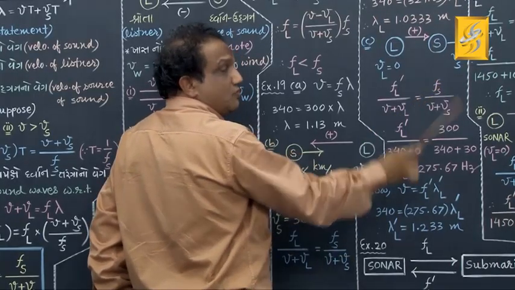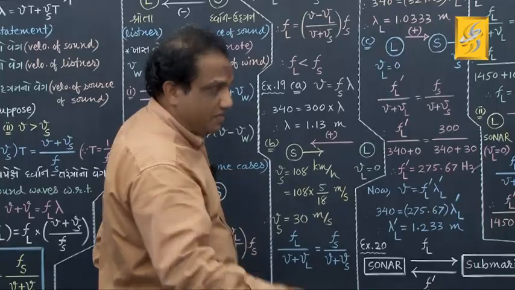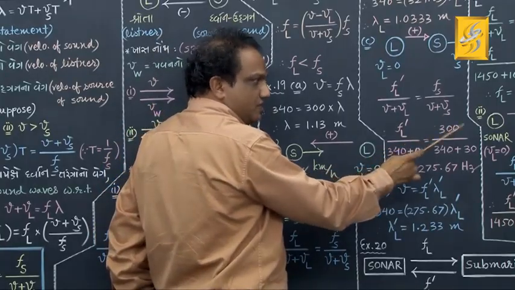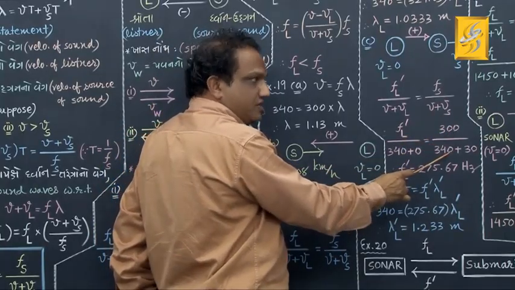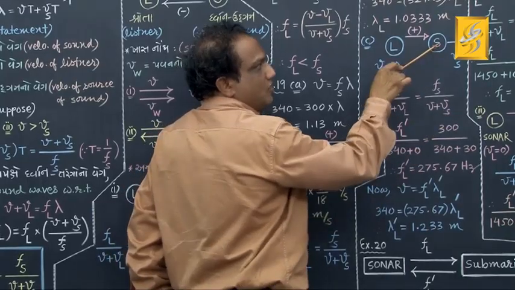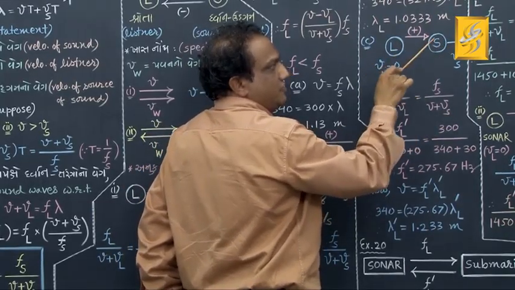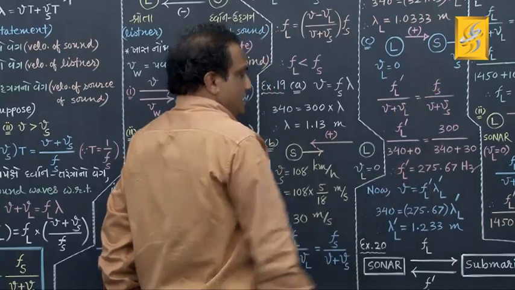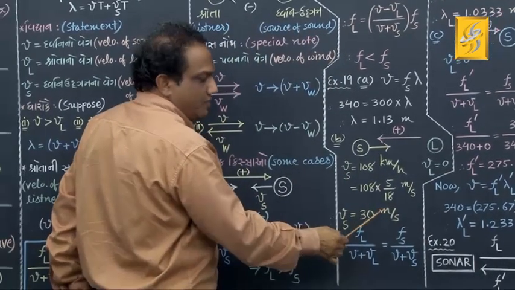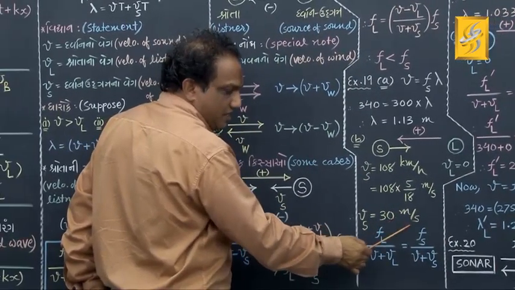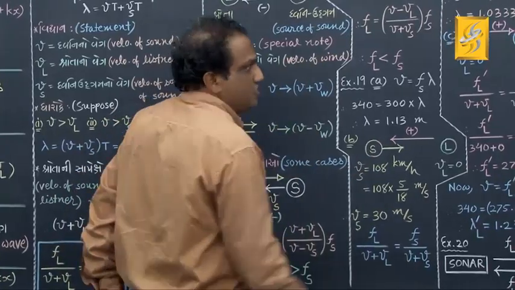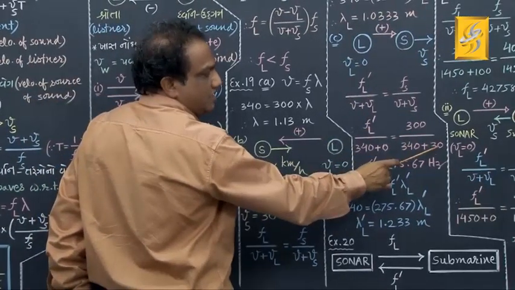This is the frequency of sound generated from the source, given in the statement as 300 hertz. Now Vs, because it is in the same direction as the sign convention, we should take it positive. Earlier the Vs value had come out to be 30 meter per second. We should now take it as plus 30. So Vs is replaced by plus 30.